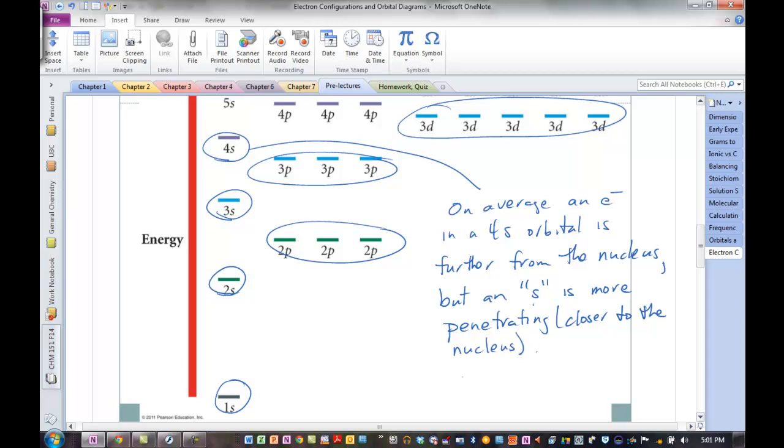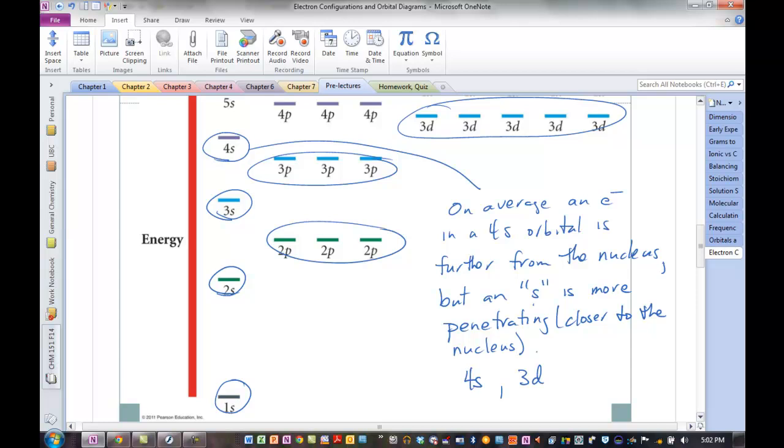So a 4s electron can get closer to the nucleus than a 3d, for example. So even though a 3d electron, on average, is closer to the nucleus, there are times when the 4s electron can get even closer than the 3d.